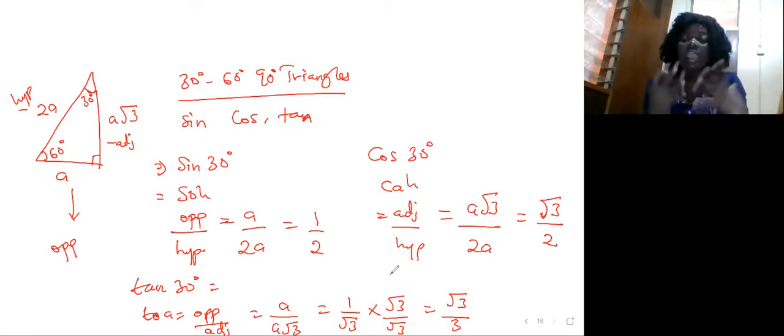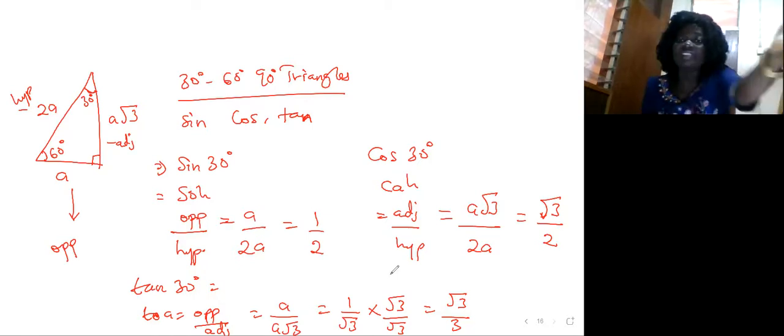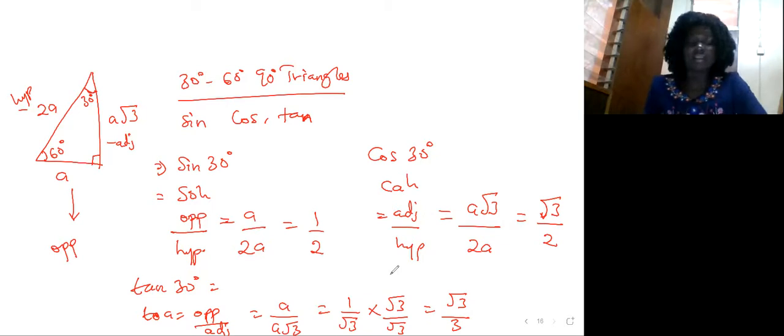Then we came to the types of angles. We looked at an acute angle, obtuse angle, and a straight angle. Then also we looked at pairs of angles: corresponding angles, alternate interior angles, alternate exterior angles, consecutive angles. Then we came to special right angles.